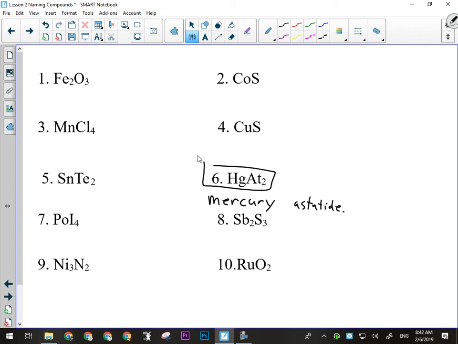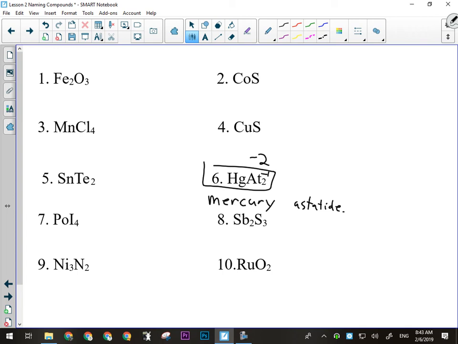Okay, so if every astatine is -1, -1 times 2 is -2. Okay, all ionic compounds have to have an overall or net charge of 0, which means there have to be 2 positive charges, and they have to come from where? From mercury, from the metal.